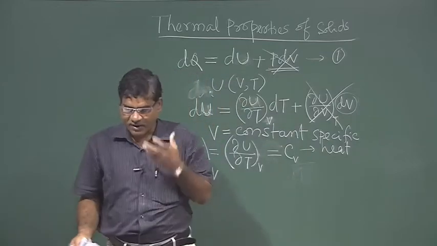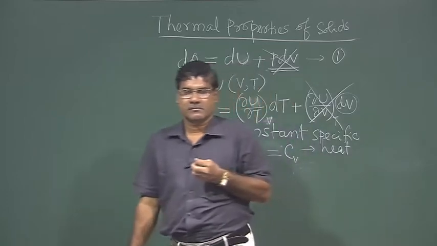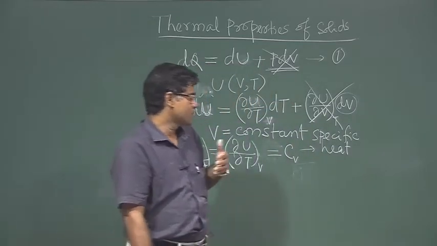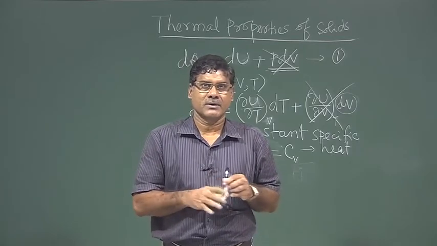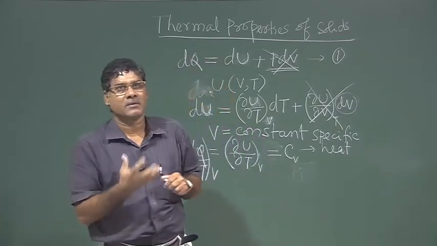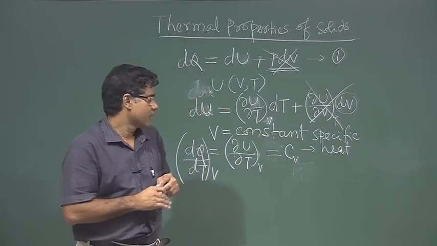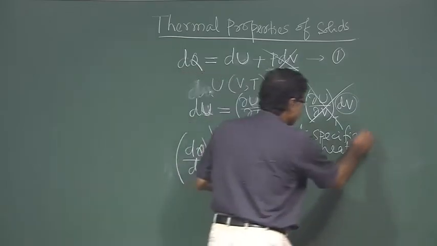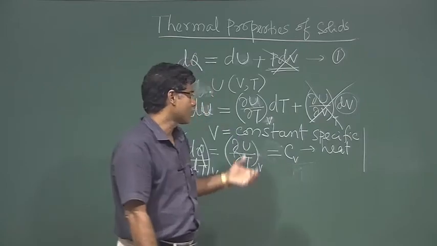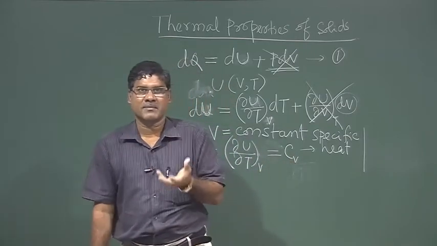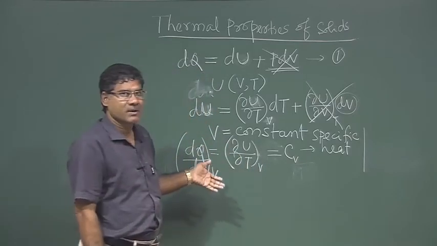So, we define the amount of material so that it is independent of the system size, etc. It is either 1 gram or 1 mole of the system. Here we will treat this as the molar specific heat, meaning the heat required at constant volume for 1 gram mole of that material to change the temperature by 1 degree.